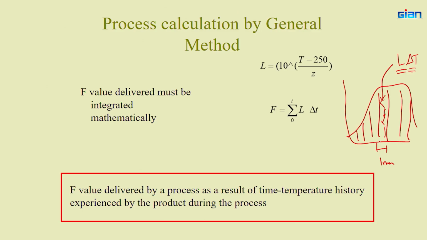If it is a 1 second interval or 5 seconds interval, then your time is going to be different based on that time interval concept. Then what I do is I calculate the values in each segment and then sum them up, so that you can get the accumulated lethality.